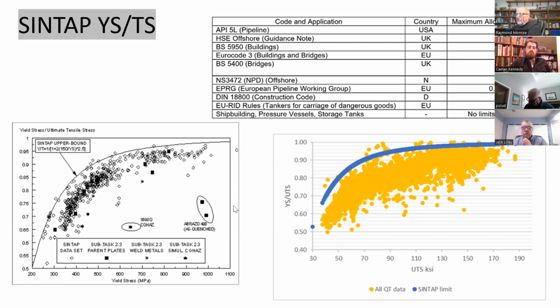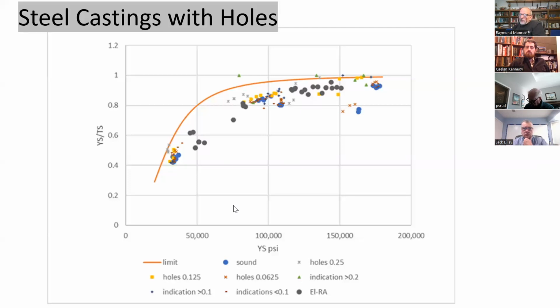The other real benefit of it, and this is not expected, when I put holes in, the yield strength, ultimate tensile strength ratio doesn't change very much. I mean, when you look at this graph, you can see that the holey specimens are actually on the same line as the sound specimens.